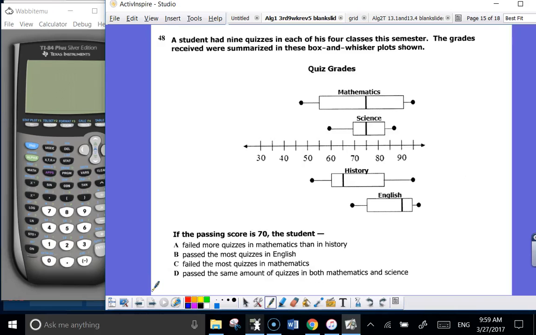History, the median was 65, but in math the median was 75, so that's a no. How about the student passed the most quizzes in English? Does it look like that? Yeah, this box and whisker is completely to the right of the others, so there's your answer. That's all you have to do.